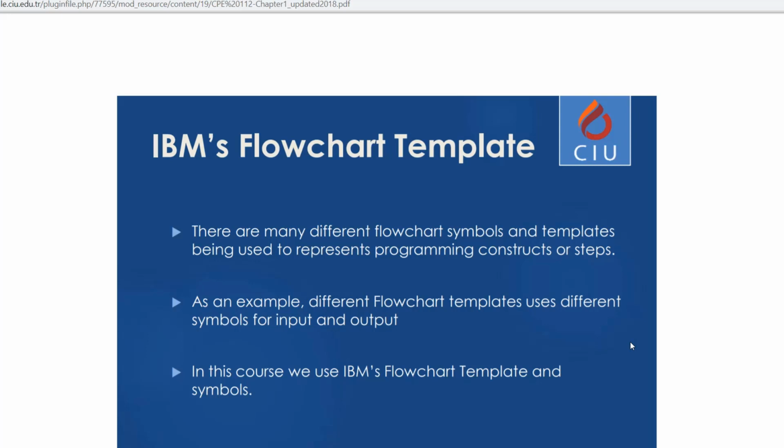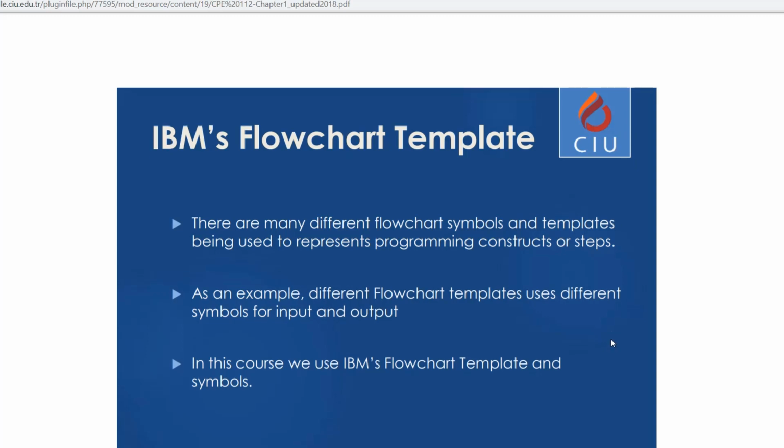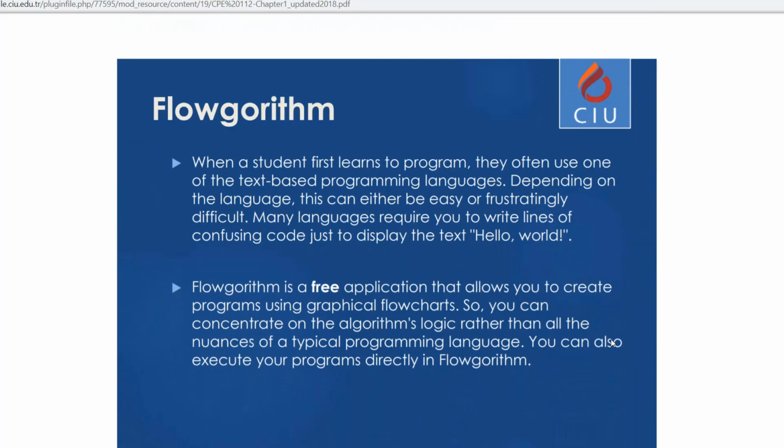In this course, I will stick to using IBM's flowchart template and symbols. To draw the flowcharts themselves, we're also going to use a specific program called Flowgorithm. I'm going to introduce you to Flowgorithm in the next video, and we're going to use it to generate our very first flowchart.